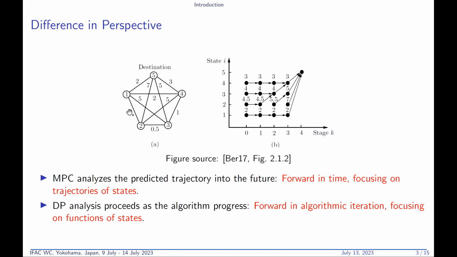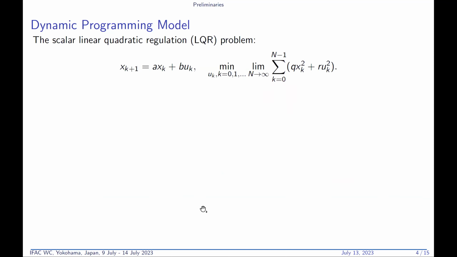For example, if we look at computing the shortest path of nodes 1 to 4 to the destination of node 5, then dynamic programming starts by setting the values of the cost functions of nodes 1 to 4 to infinity and moving backward and eventually converges to the optimal value. So it's forward in algorithmic iteration and focusing on the functions of states.